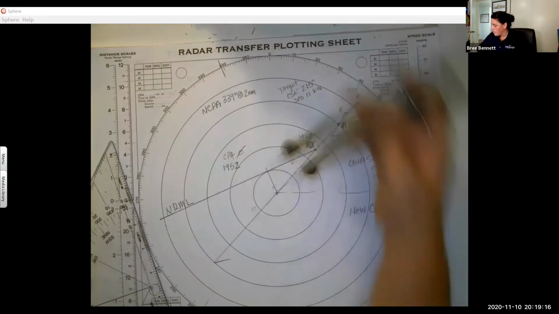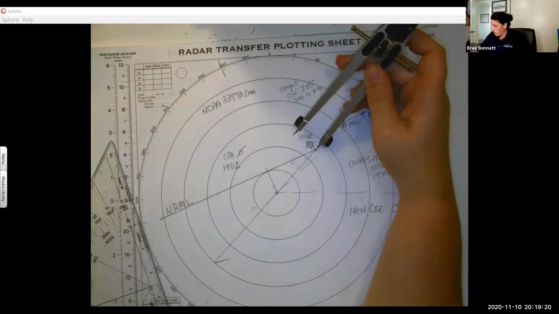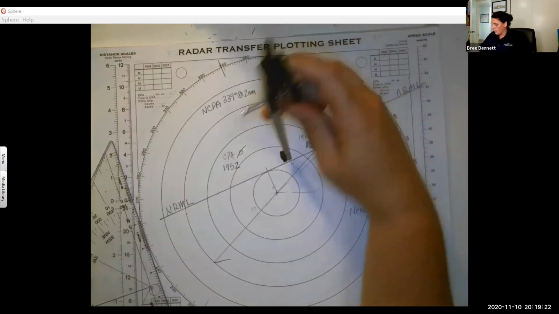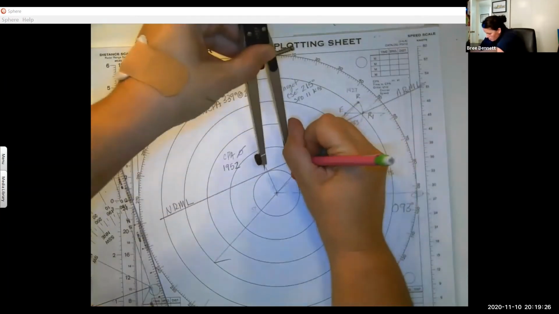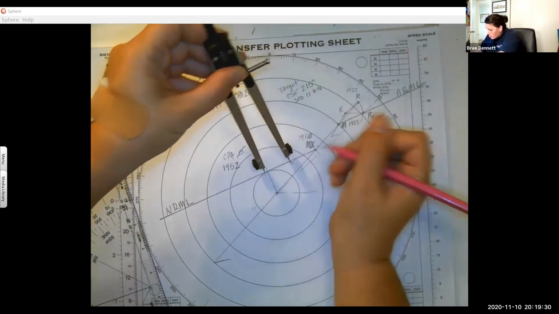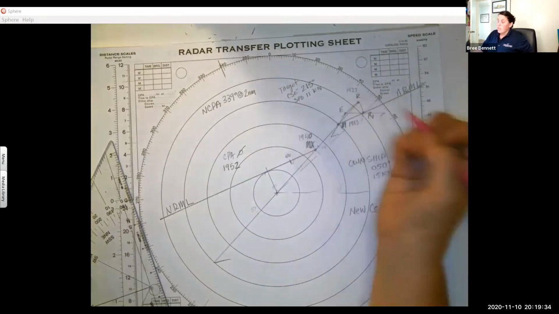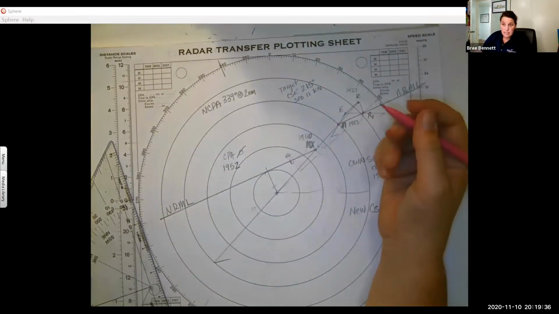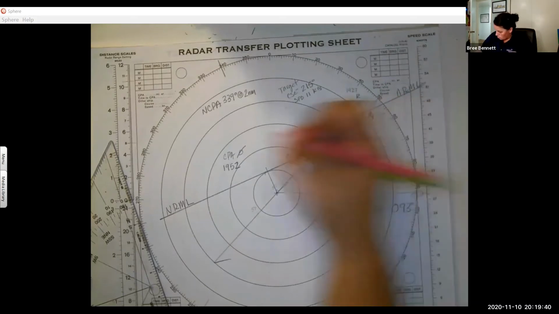So I don't have the pencil here, but we have 1940, so 46. So write that. So here is 46. 46 plus 6 is 52.